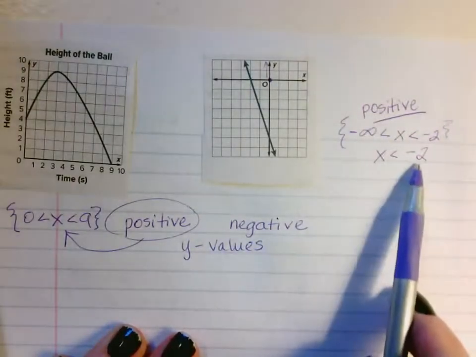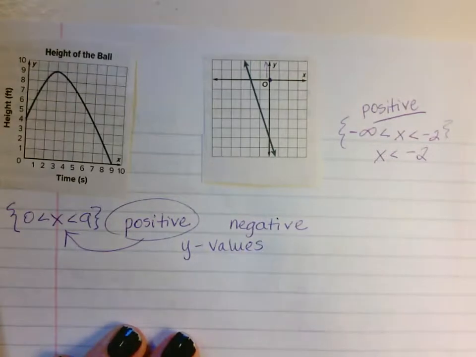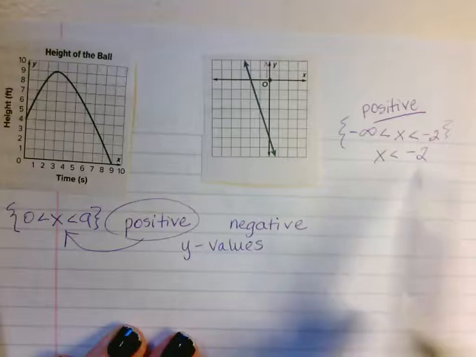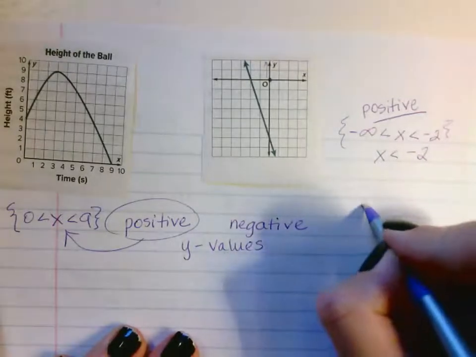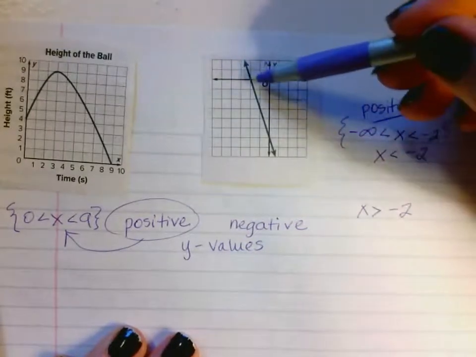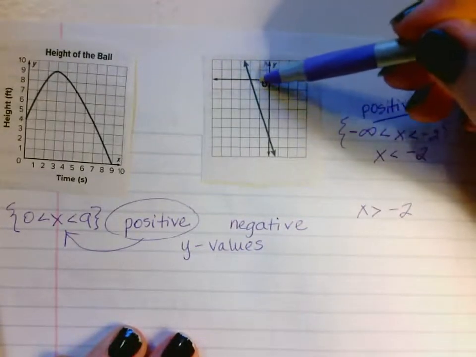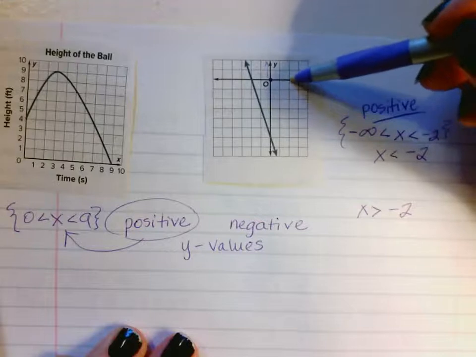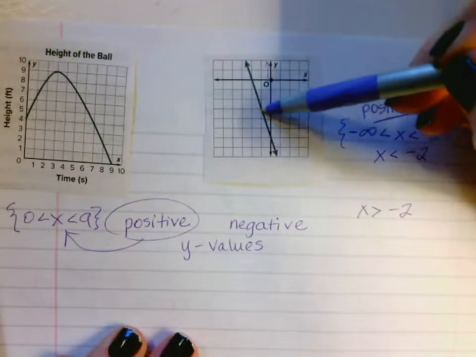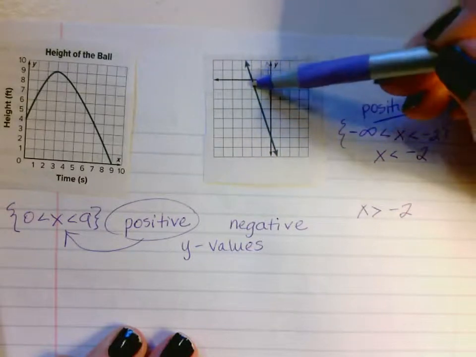Now this turning point, so to speak, it doesn't change direction, but it does change whether it's positive or negative. When the x's are greater than negative 2, as you start at negative 2 on the x and go to the right and the x's get bigger, what's true about all of these y values?